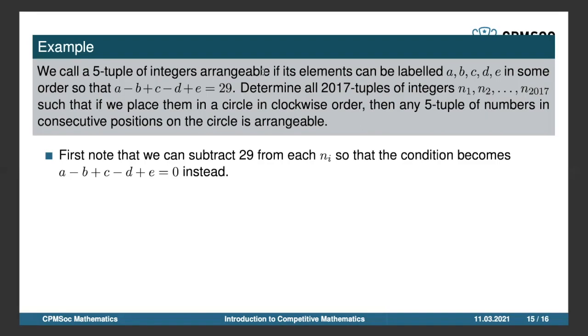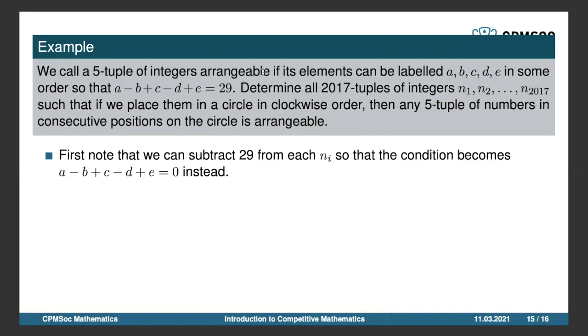So the net change in A minus B plus C minus D plus E will be negative 29. So when you subtract 29 from every number, A minus B plus C minus D plus E will be 29 minus 29, which is 0. So 0 is a lot nicer number than 29, so it's a lot easier to work with.